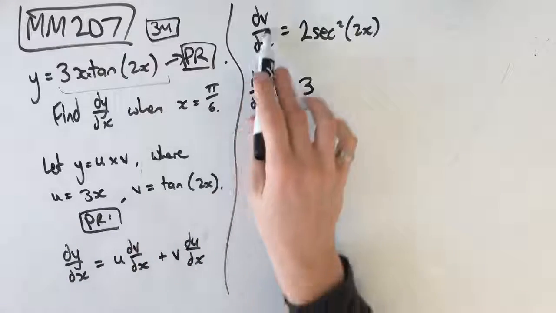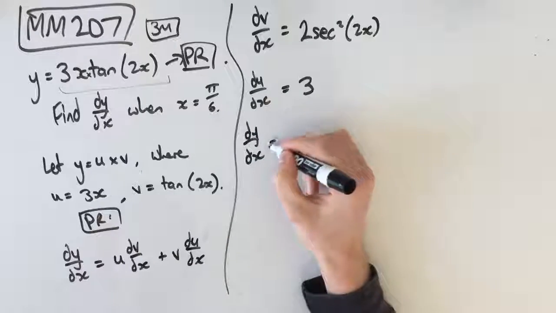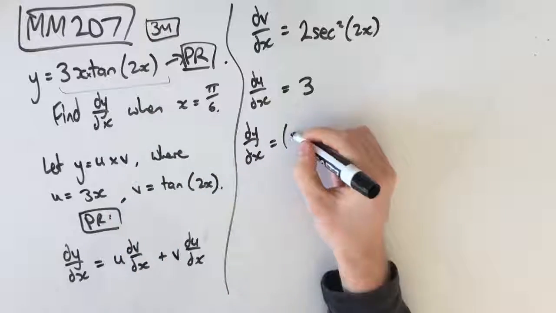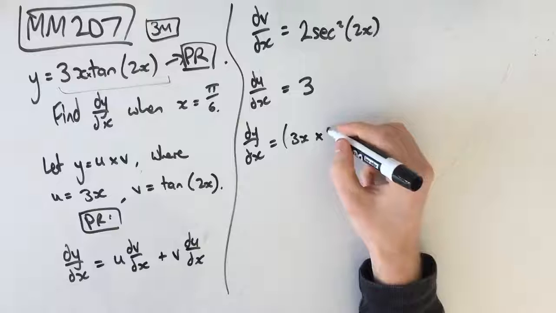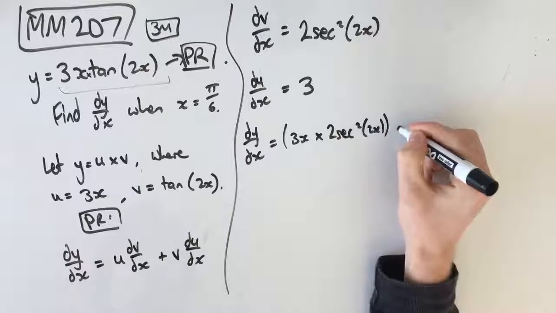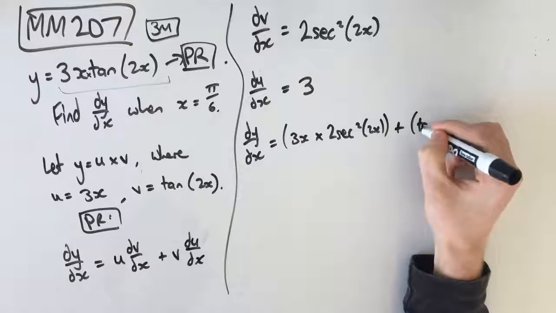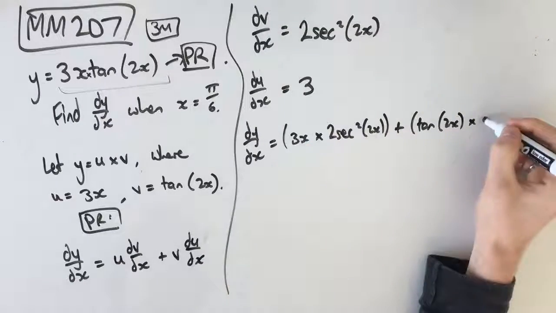We've got our u, v, dv/dx, and du/dx, and we can merge them all together with this formula. So dy/dx is equal to u, which is 3x, times dv/dx, which is our 2 sec squared 2x, plus v, which is tan 2x, multiplied by du/dx, which is 3.